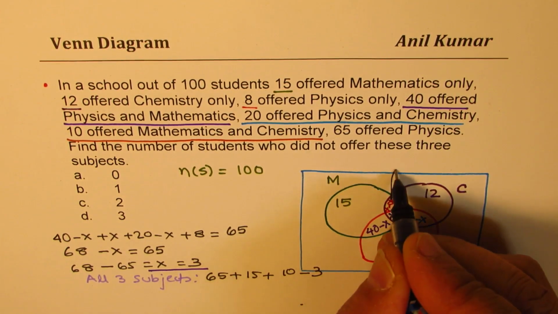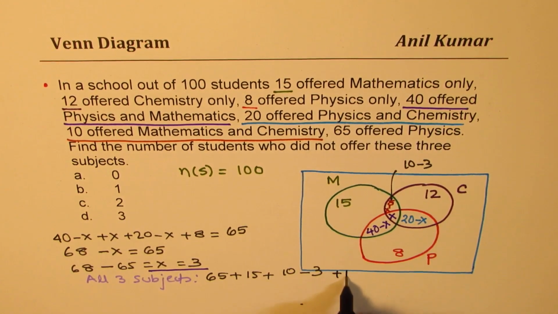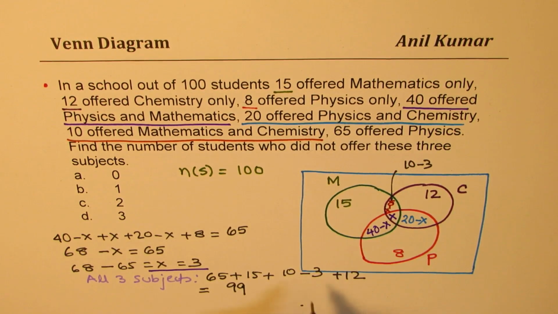So this number here will be 10 minus 3, which is 7, right? And plus 12, correct? So that is all what we have. So let's add this up, right? So to add this up, we have 65 plus 5, 70, and 10, 80, 90, 90 and take away 3, 87, and 87 plus 12 gives us 99, right? So all 3 subjects is 99, right?